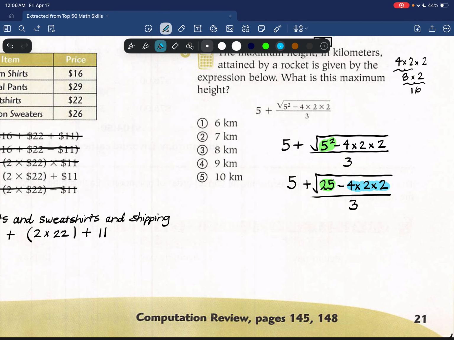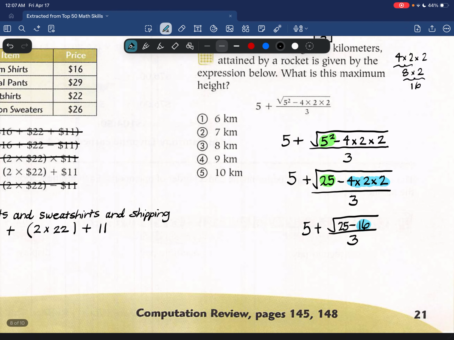So all that blue mess becomes 16 down here. And then I will copy everything else. So 25 minus 16. Then I have a 5 plus, and all of that is over 3.